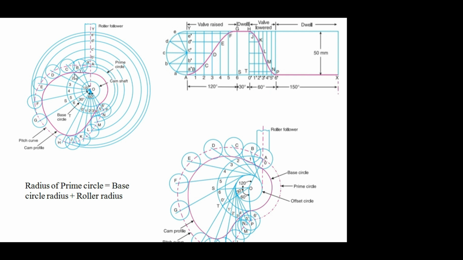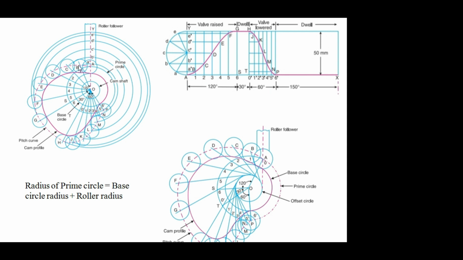So from prime circle you have to mark the distances to show the new position of follower roller center for a particular degree rotation of cam. Okay, so mark these distances from theta O and theta R from the displacement diagram in the cam profile geometry.